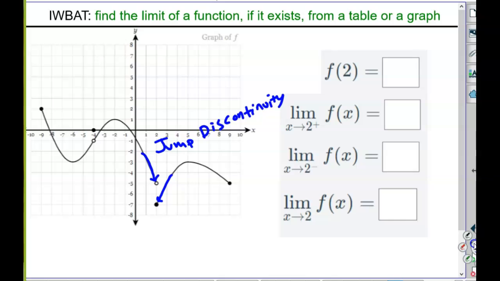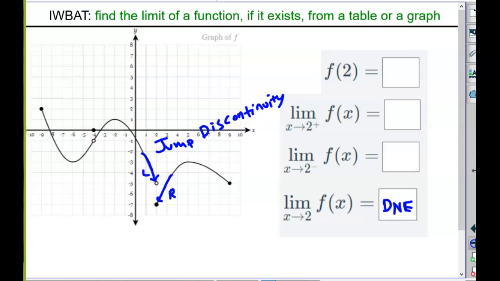When we have a jump discontinuity, when the graph is no longer connected, that's a sign that your left-handed limit is not going to equal your right-handed limit. So, without even looking at the graph, I know that the two-handed limit is not going to exist.